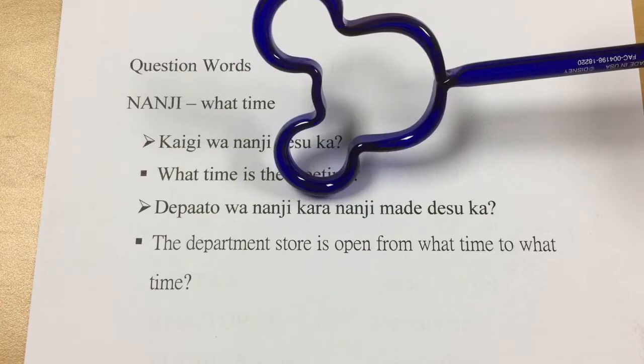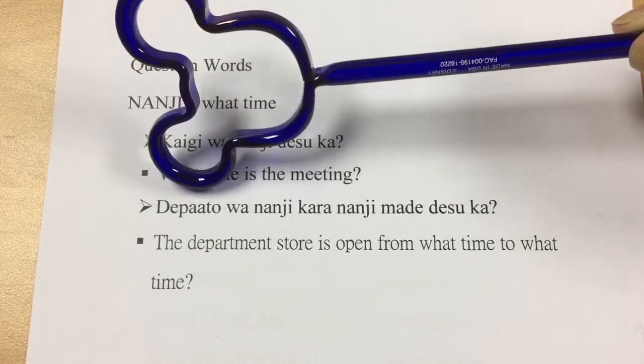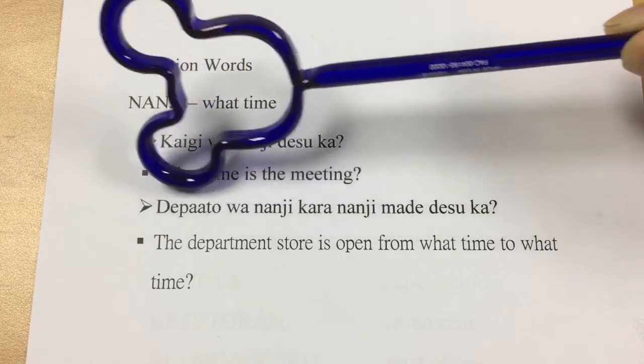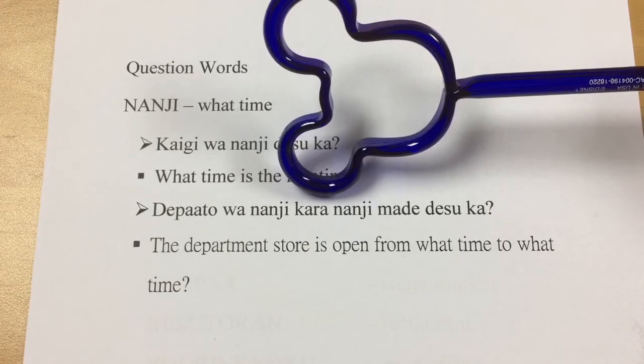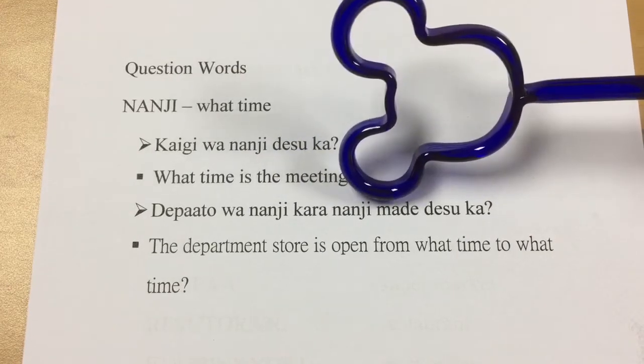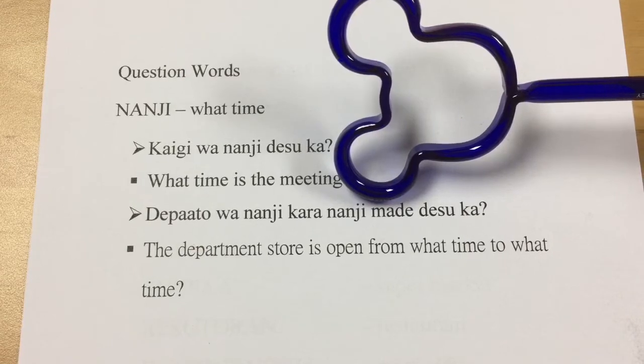Now we can also add からまで in a sentence. デパートは, the department store, 何時から, is from what time, 何時までですか, until what time.